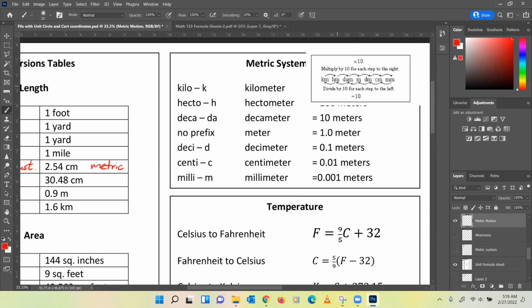If you're going to the left, you move your decimal to the left. So if you had 10 meters, for example, and you wanted decameters, there's a decimal here afterwards. You move it over to the left one, and you have 1 decameter. That can be a really handy way to move within the metric system.